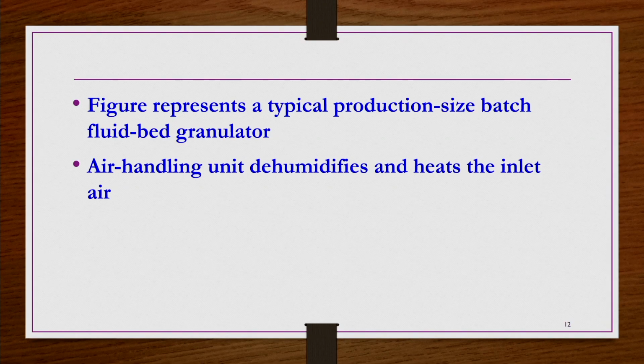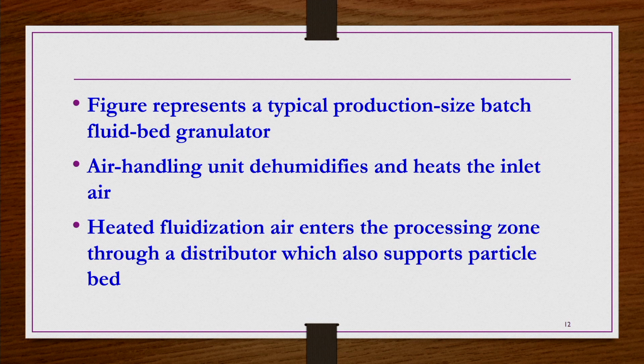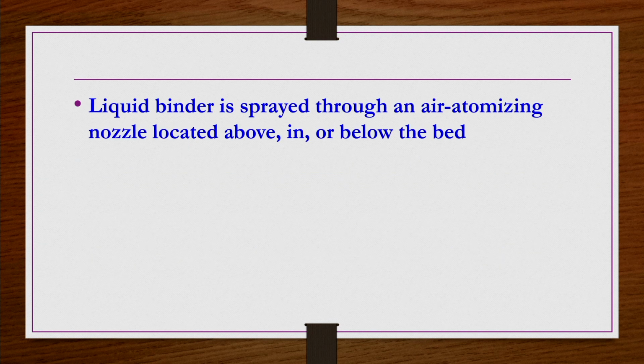It has an air handling unit which dehumidifies and then heats the inlet air. Then heated fluidization air enters the processing zone through a distributor which also supports the particle bed. Then liquid binder is sprayed through an air atomizing nozzle located above, in or below the bed.